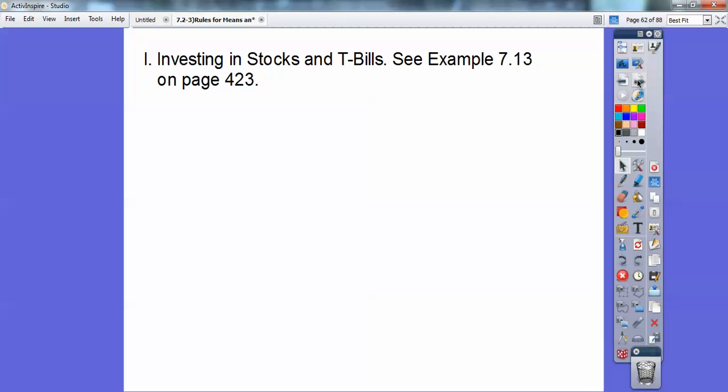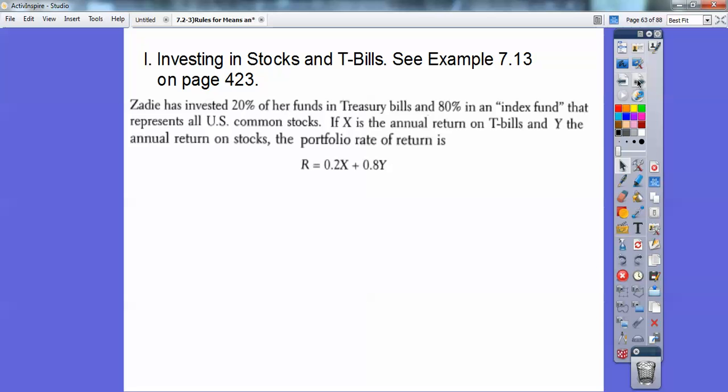Investing in stocks and T-bills, example 7.13 on page 423. Zadie has invested 20% of her funds in Treasury bills and 80% in the index fund, which represents all U.S. common stocks. If X is the annual return on T-bills and Y is the annual return on stocks, her portfolio return is 20% of X plus 80% of Y. That's easy enough.